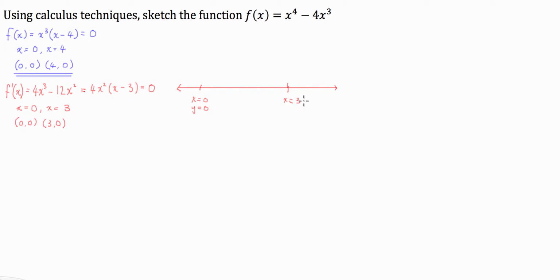So we substitute this back into the original equation so we can find the y value. x equals 3, so 3 to the power of 4 is 81, minus 4 times 27. 3 times 27 is 81, so if we minus 4 times 27 from 81, we're left with negative 27.